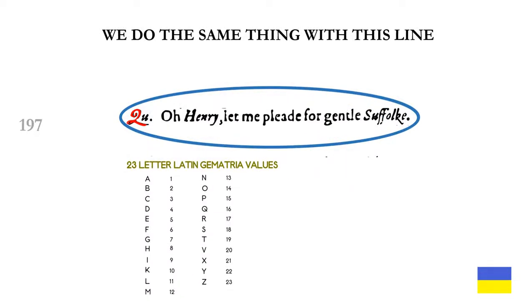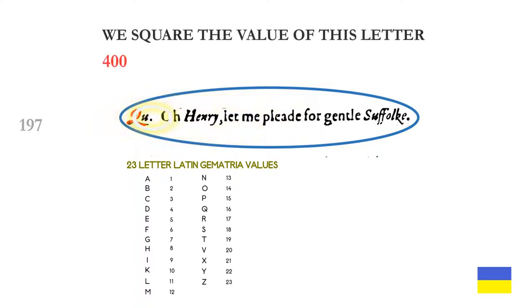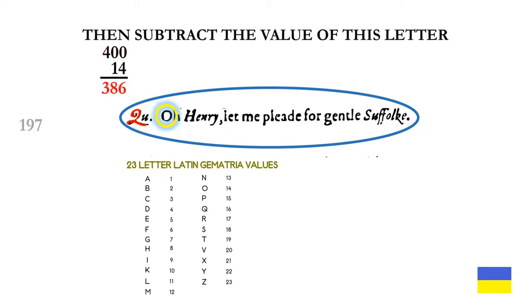So we do the same thing with this line. We square the gematria value for U, to get 400. Then we subtract the value of this letter to get 386.